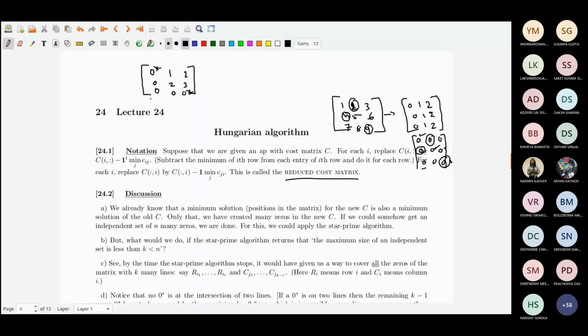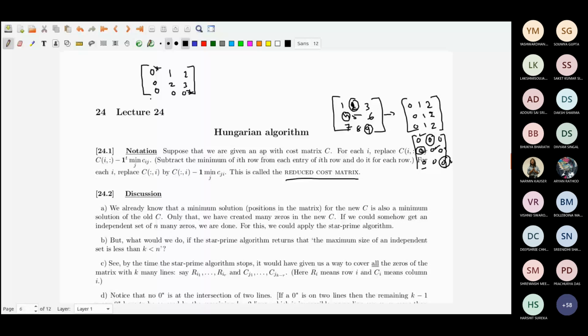Now, this has given me only 2 stars. I was hoping to get 3 zero stars. If I get 3 zero stars, I am happy. Then I know this is the minimum cost solution, and the same solution is the minimum cost solution of the original matrix. But I have only got 2 stars.